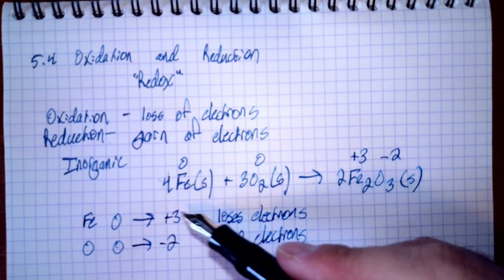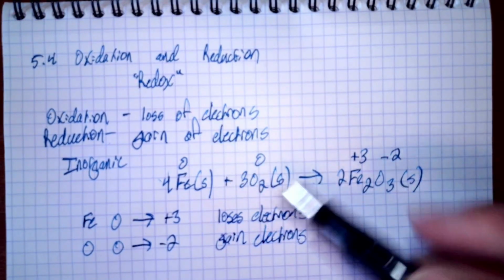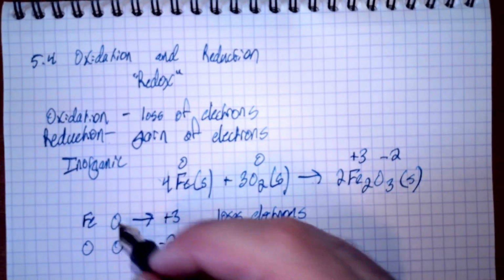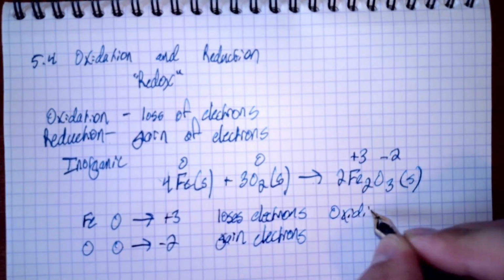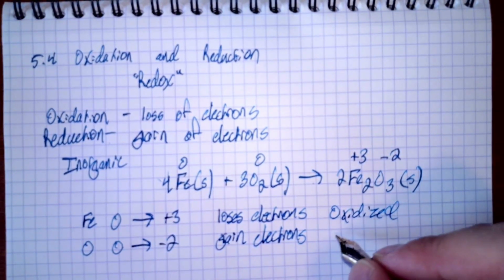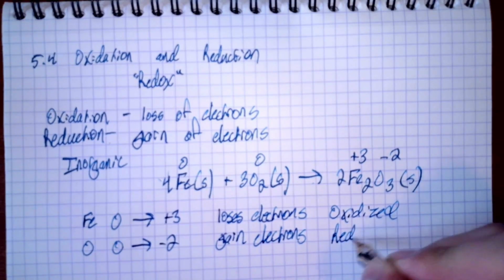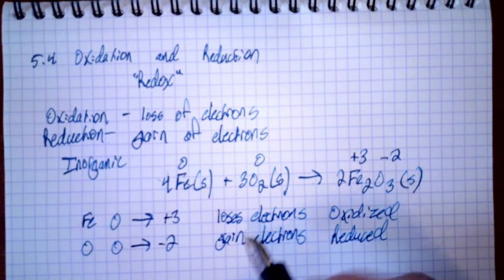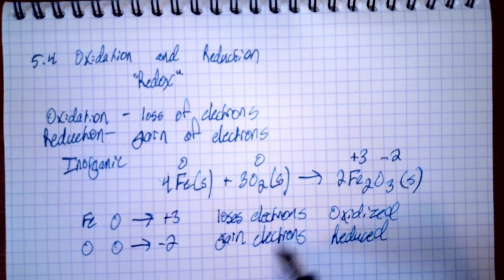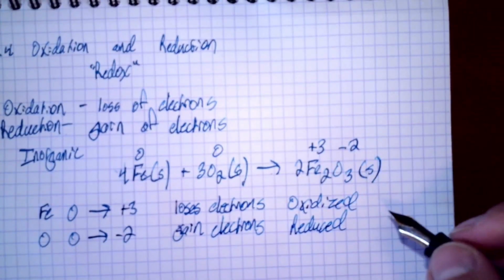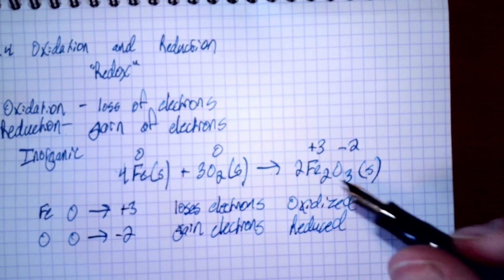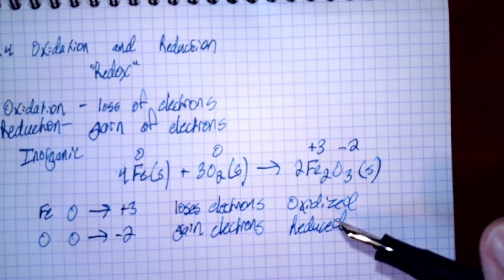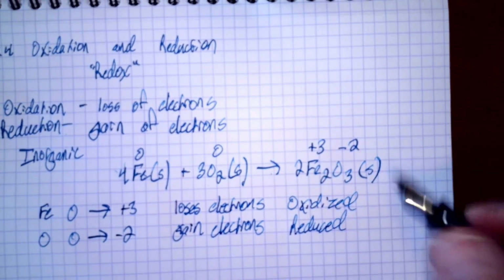So we can see in this that iron has been oxidized, and oxygen has been reduced. Right? Iron has lost electrons, oxygen has gained electrons. Also, in a redox reaction, the iron was what caused the oxygen to be reduced.